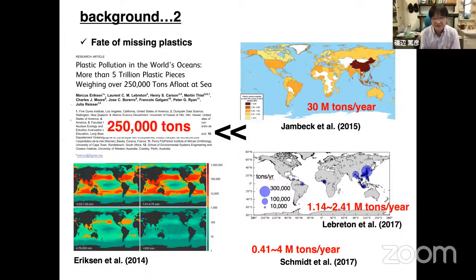So we have met a very big gap between the plastic debris actually found in the actual ocean and the plastic waste on land or plastic waste released from rivers. This difference is called missing plastics.